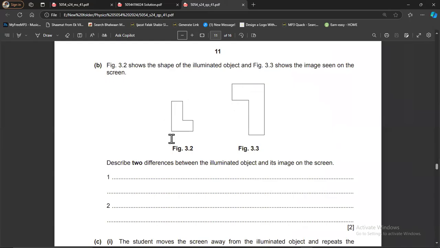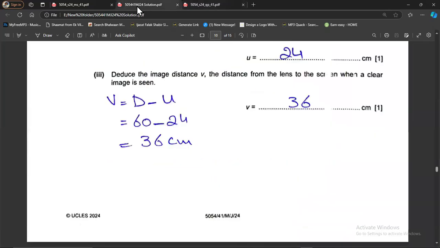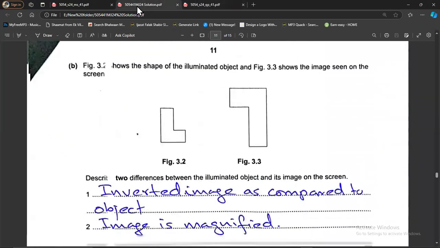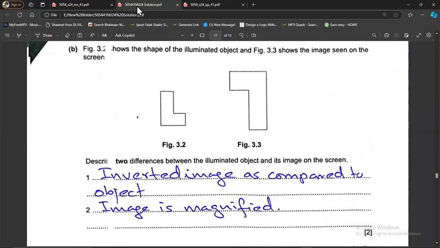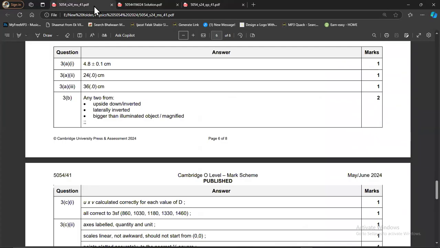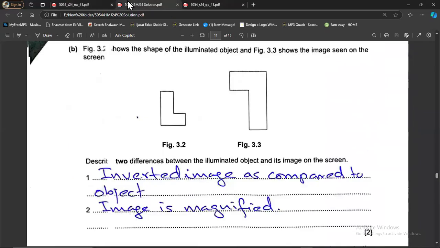Another thing, very clearly you can see this is inverted, upside down. The image is inverted as compared to the object, laterally inverted, bigger than the illuminated object, or you can say magnified.